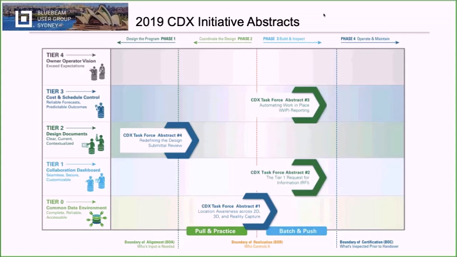And as we're doing way more scans of drones or other laser scanning out in the field, what is their location awareness and tie back? Anyone who's dealt with that knows how challenging that can be. So it's really trying to tackle the integration and awareness of location between 2D, 3D virtual, and reality capture files.